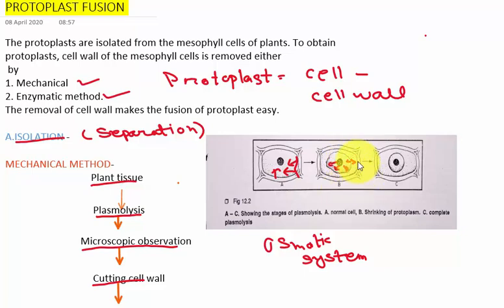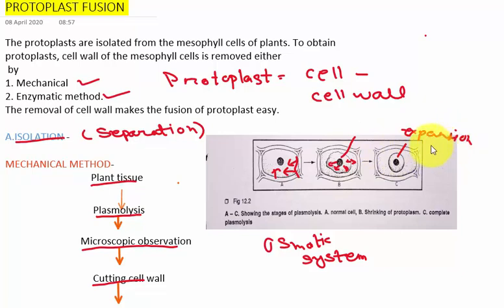Both pressures are balanced. Now if you remove the cell wall, the outward pressure of the protoplast will be greater, and in the absence of the cell wall, expansion of the protoplast occurs.